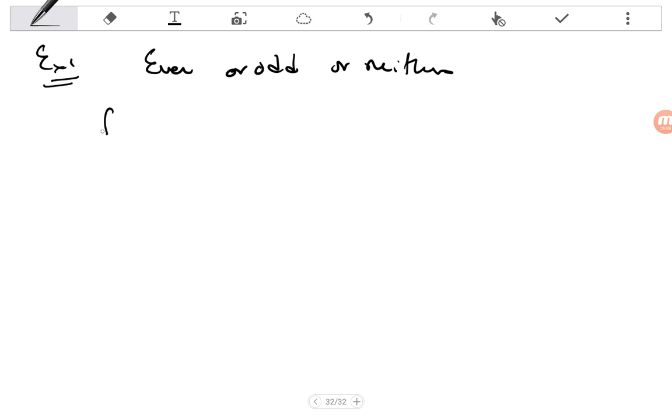Before moving on to equations, let's check that example. Check if it's even or odd or general. If I have this function f of x equal to ln of (root of 1 plus x squared, plus x).